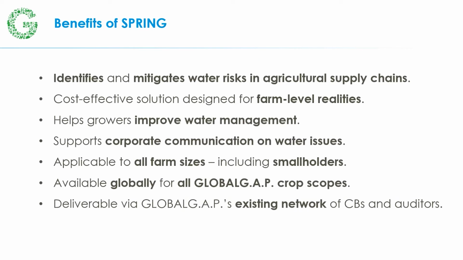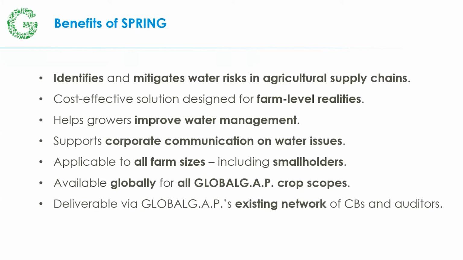It's a cost-effective solution because it's focused on farm-level realities. It's not a complete standard about water that you can apply to every stakeholder in the watershed. It's specifically for the farm level. I am going to mention the certification cost at the end of the presentation, but it's really not expensive for producers.